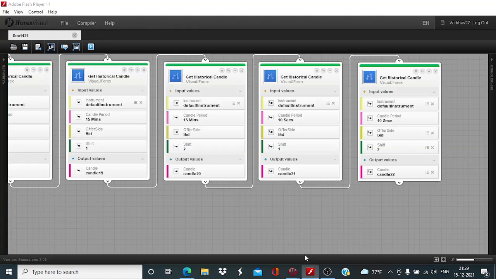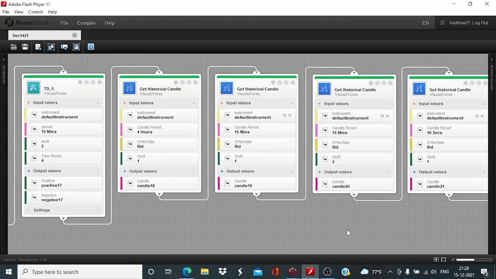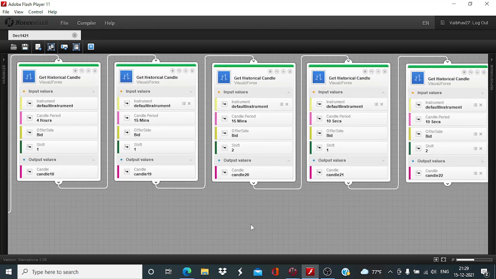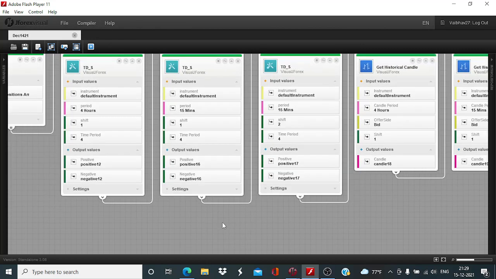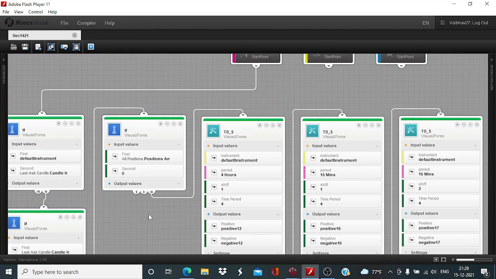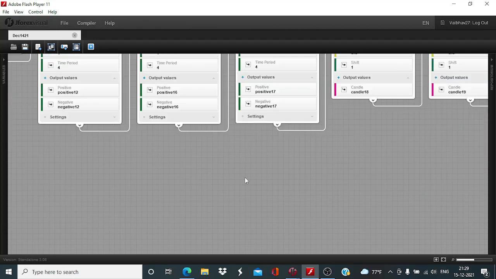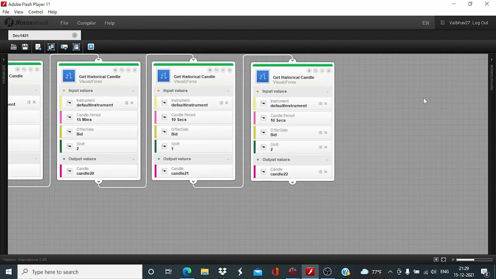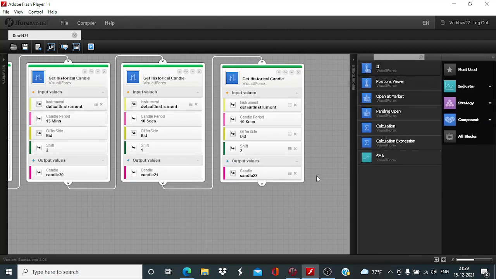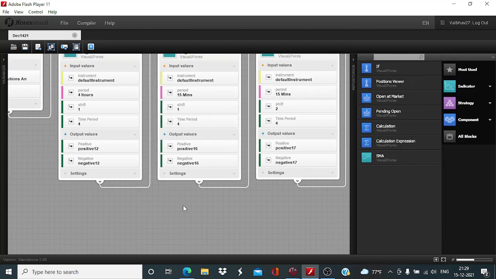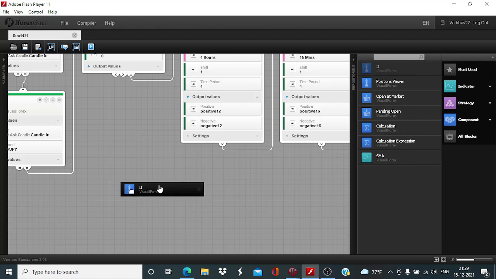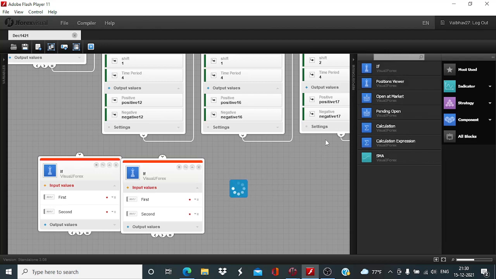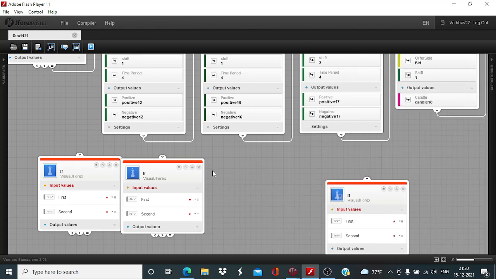Now we head back to the Visual JForex board, where we will have to start adding the conditions for the execution of the trade. And the idea is quite simple. The execution of this logical formation is also going to be simple. So let us get started. First thing we will have to do is get the if-else blocks, and for that all we need is to add these if blocks here and compare the first input and the second input.